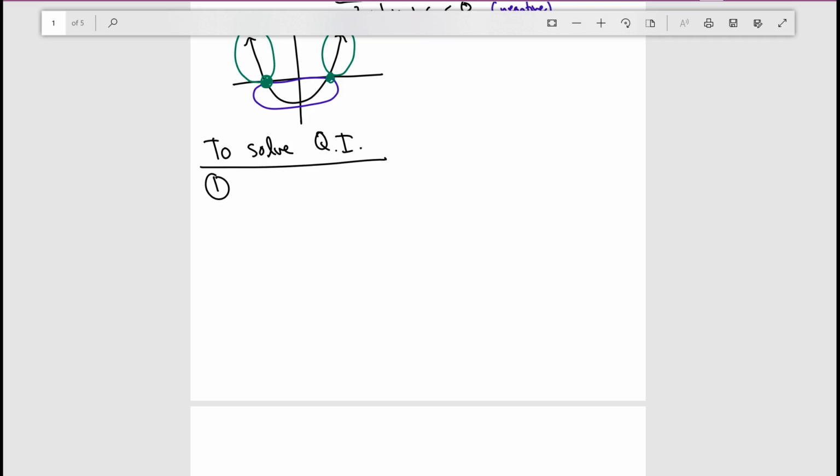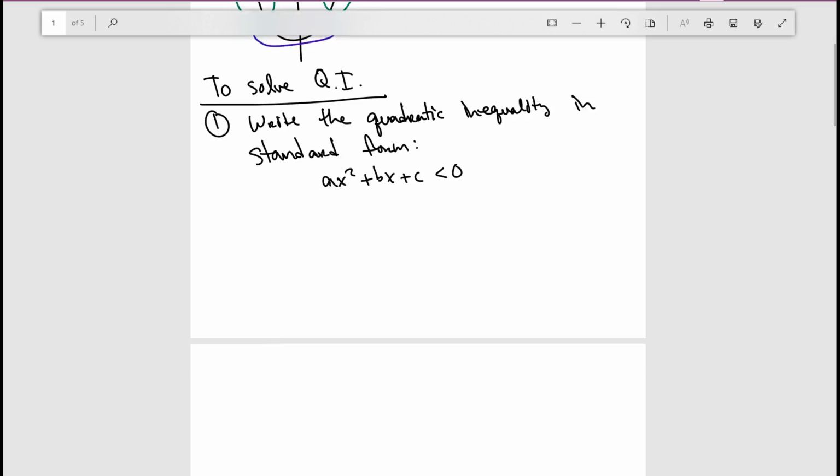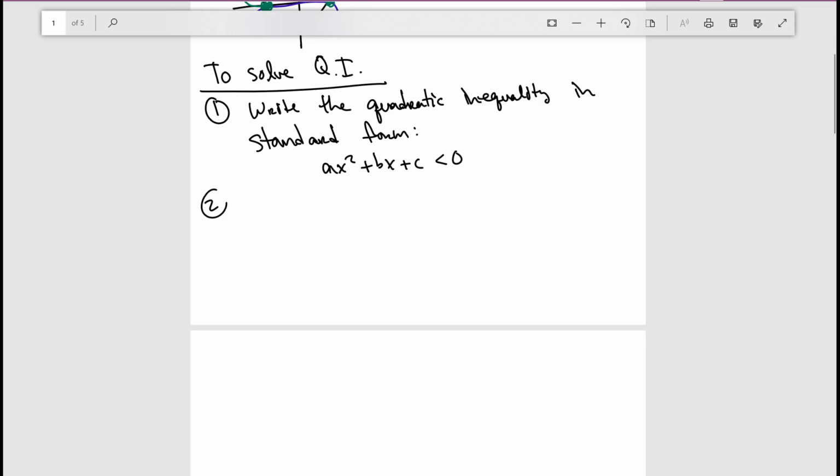The first thing that you want to do is write the quadratic inequality in standard form. What I mean by that is that I want it as ax squared plus bx plus c less than 0 or greater than 0, whatever you want to call it.